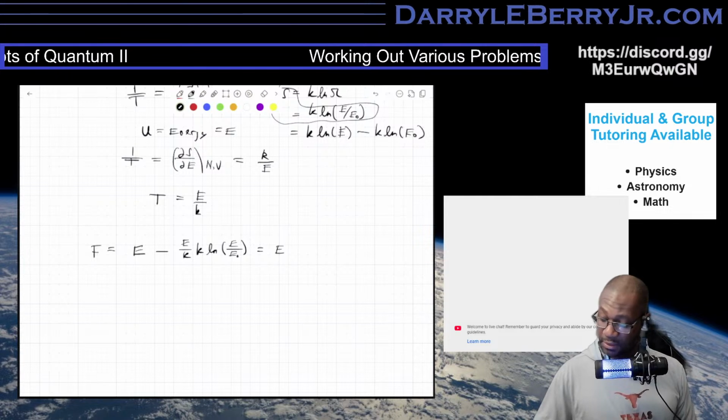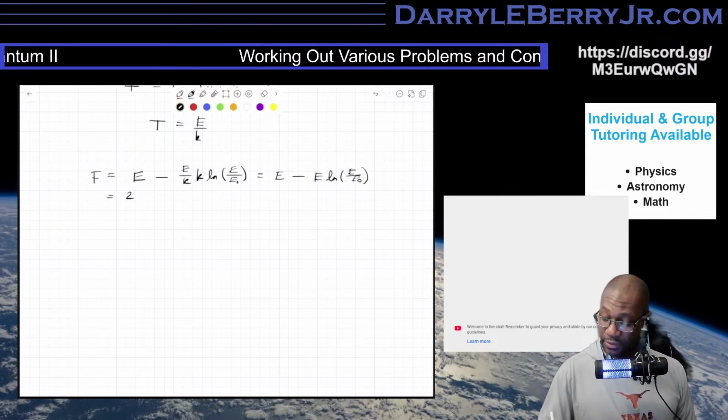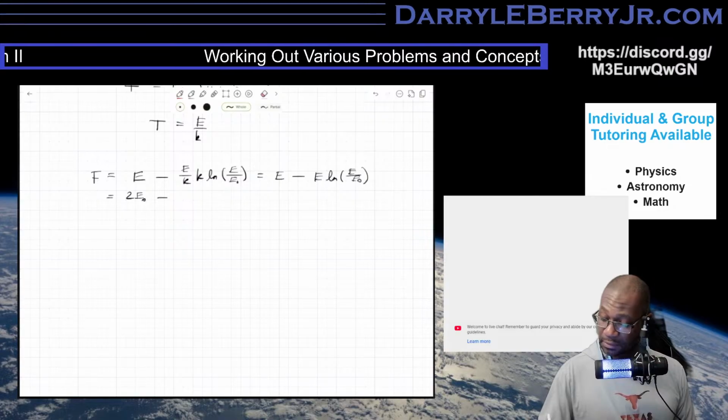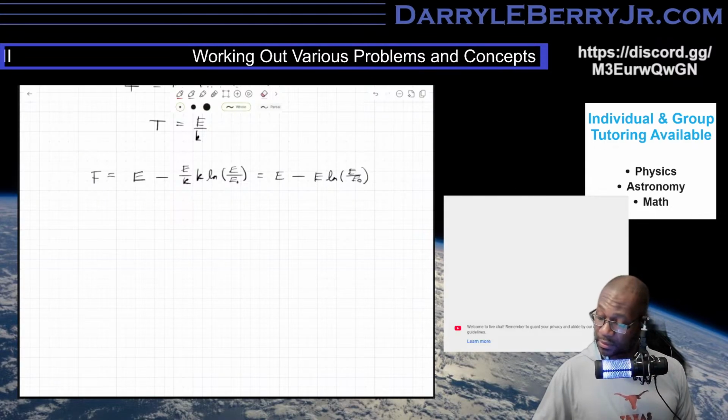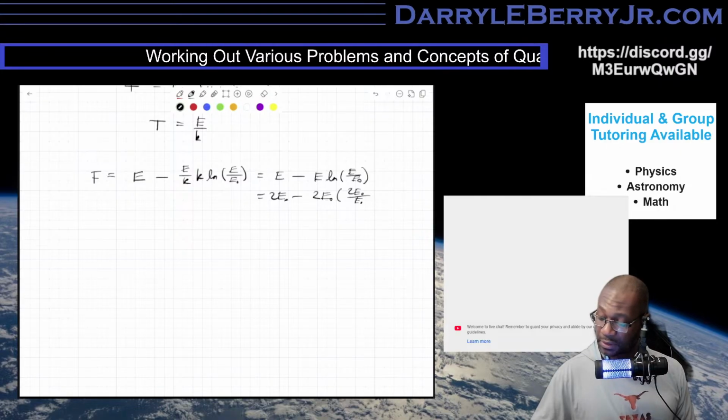So that means E minus E ln E over E naught. And we know that E equals 2 E naught. So that's 2 E naught minus 2 E naught, 2 E naught over E naught.